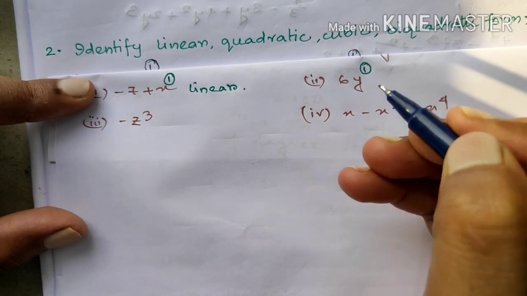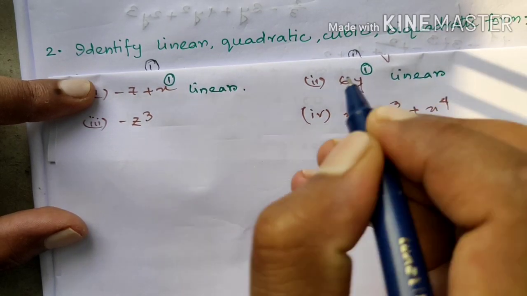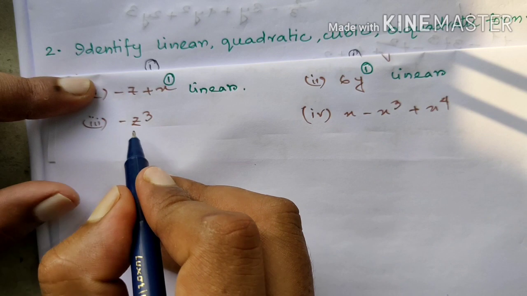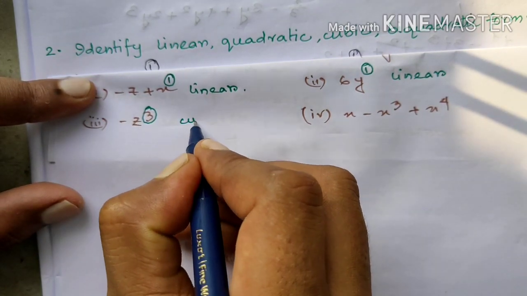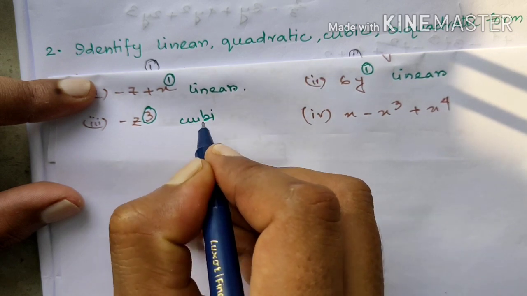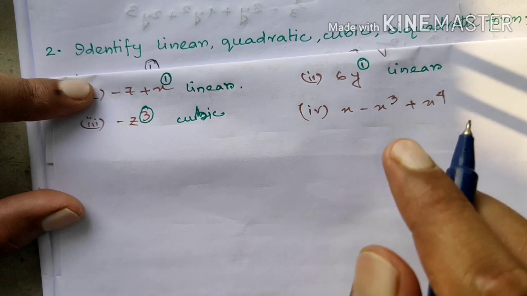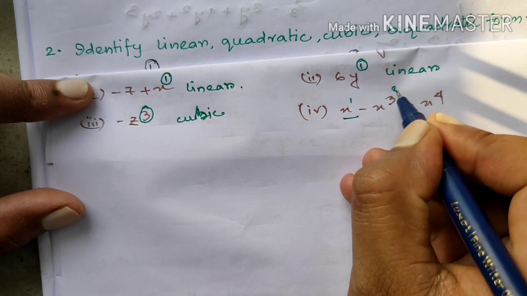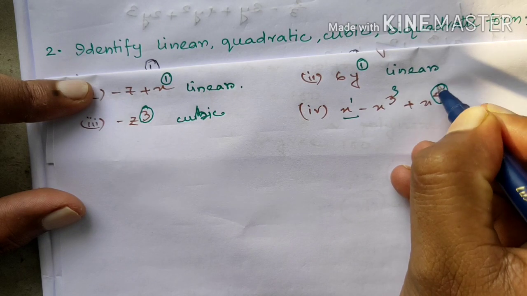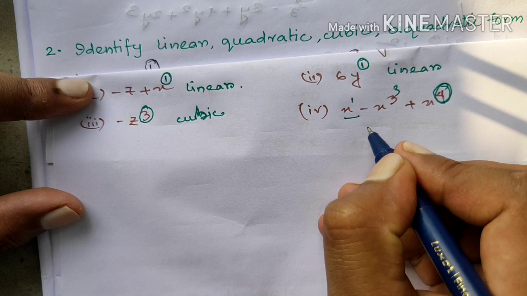Here also 1, then it is a linear polynomial, and here 3, therefore it is a cubic polynomial. And for the number 4, the highest power of the variable x equal to 4, therefore it is a biquadratic polynomial.